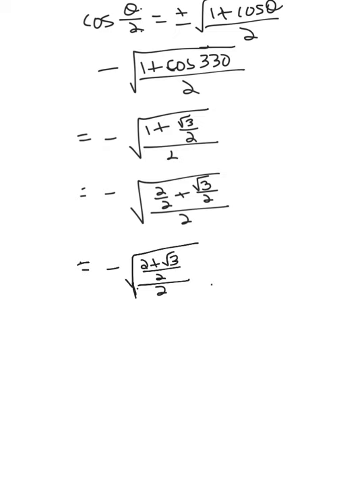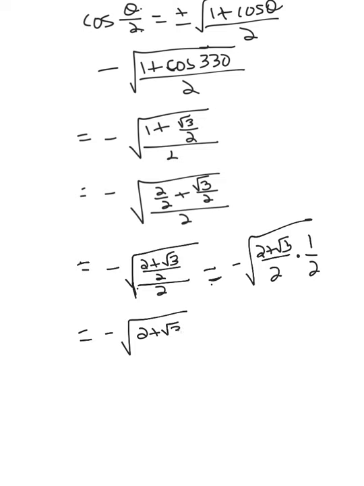Because we have a complex fraction, we are going to multiply by the reciprocal of the bottom. So it will be 2 plus the square root of 3 over 2 times the reciprocal of 2, which is 1/2. So we now have negative square root of 2 plus the square root of 3 over 4.